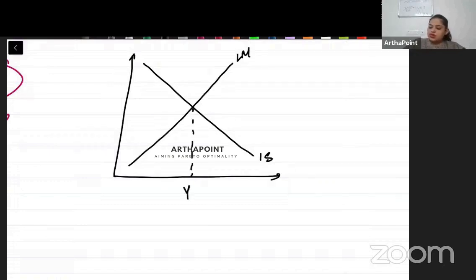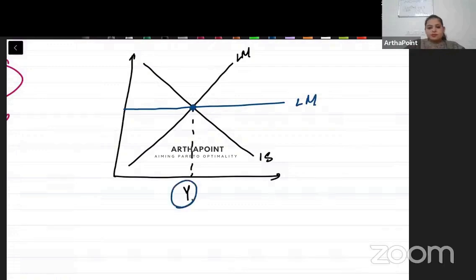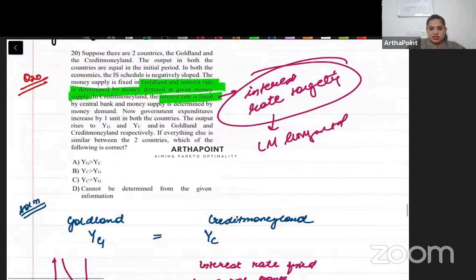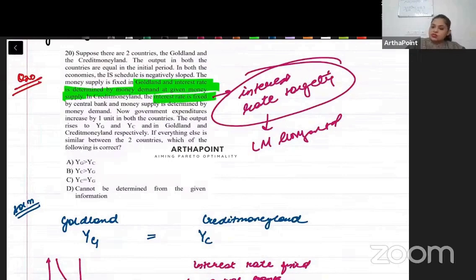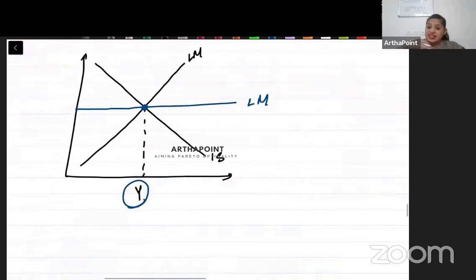So this is your initial output. They start with the same level of output. In the second country, LM is horizontal, but they're meeting at the same level of output. Now they are saying that in both these countries, government is increasing expenditure, which means the IS curve is shifting to the right.